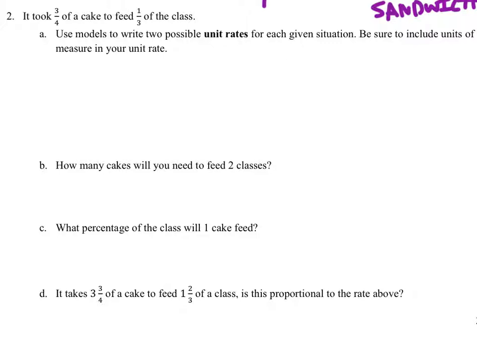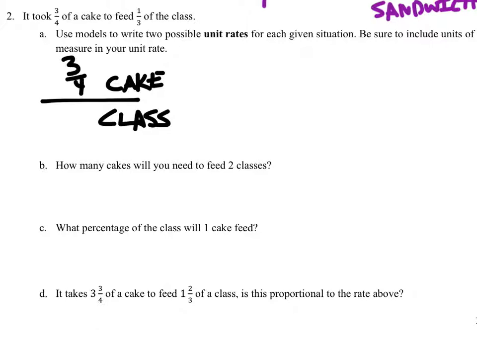It took 3/4 of a cake to feed 1/3 of the class. Now again, the model will just use the proportion on these. So what 2 things are we comparing? We've got, very good, yeah, cake and class. Right? Well, right up there it told us it was 3/4 cake for 1/3 of a class.